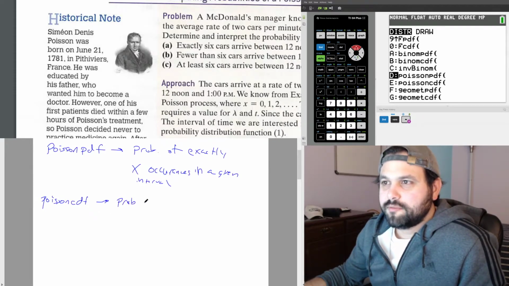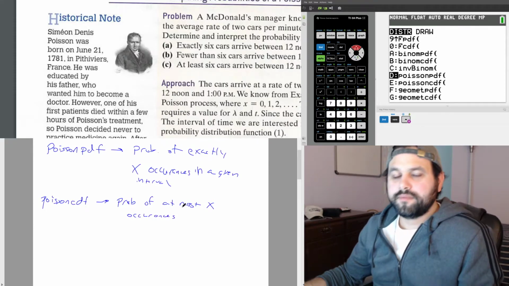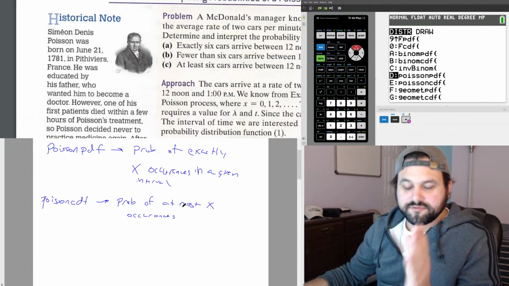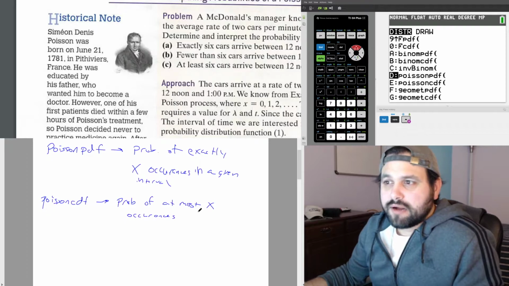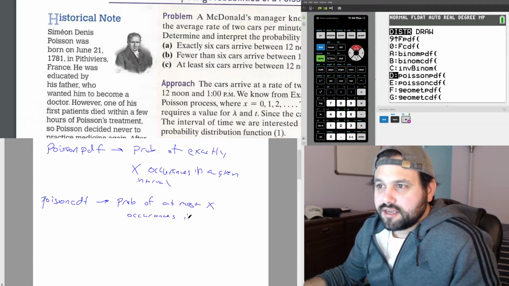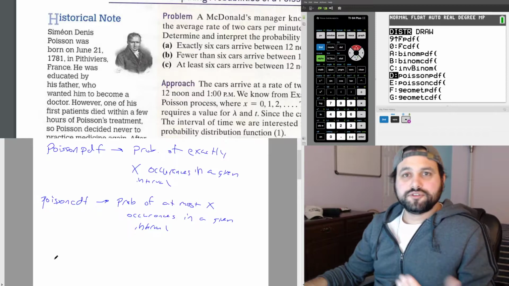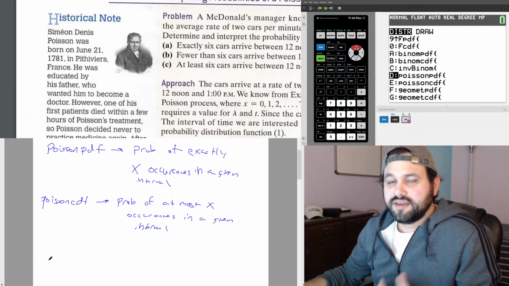This is going to be the probability of at most X occurrences, so X being less than or equal to X. So the probability of at most X occurrences in a given interval. Those are the two things we're going to be using in this section, Poisson PDF and Poisson CDF.